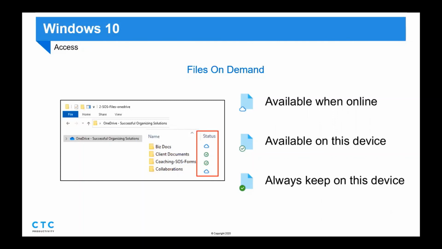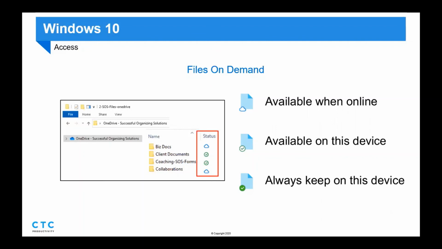it tells me where that file is. Is it still living in the cloud? Is it available right now? And the other piece of files on demand is I open it today and I edit it.